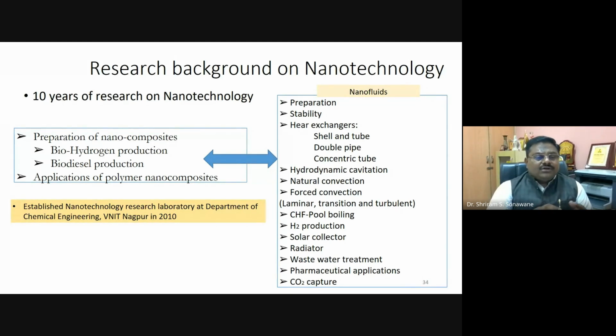Preparation of nanocomposites, biodiesel production, applications of polymer nanocomposites, and nanofluids, on which I'm delivering this lecture on the AICTE ATAL platform: preparation, stability, heat exchangers, shell and tube heat exchanger, double pipe heat exchanger, concentric tube heat exchanger, hydrodynamic cavitation, natural convection, forced convection, CHF, critical heat flux that defines the thermal limit for heat transfer, hydrogen production, solar collector, radiator, wastewater treatment, pharmaceutical applications, CO2 capture. So a lot of applications revolve around the field of nanofluids. Next slide.